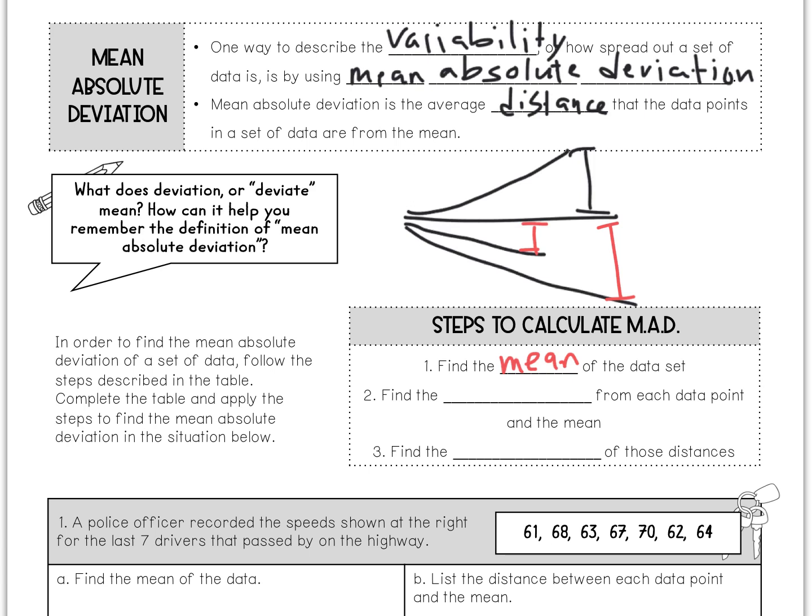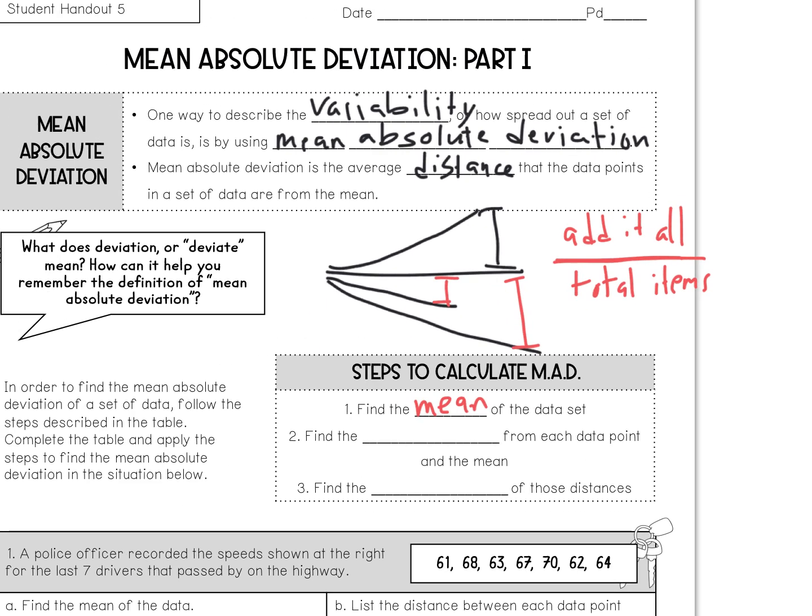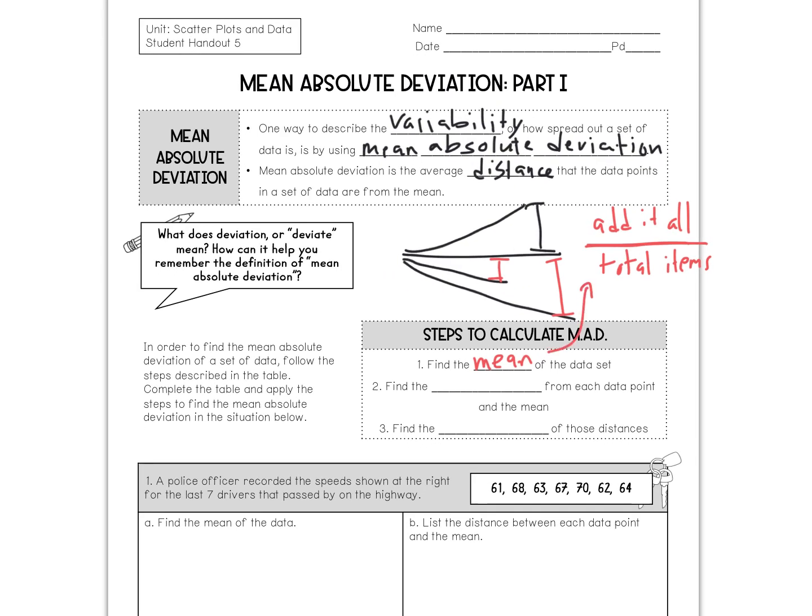So for the mean, we add everything together and then divide by the total number of items. Okay, so add it all up, and then divide by the total number of items. That's what the mean is.